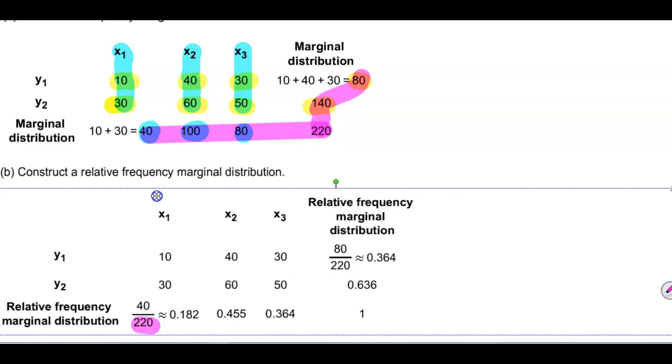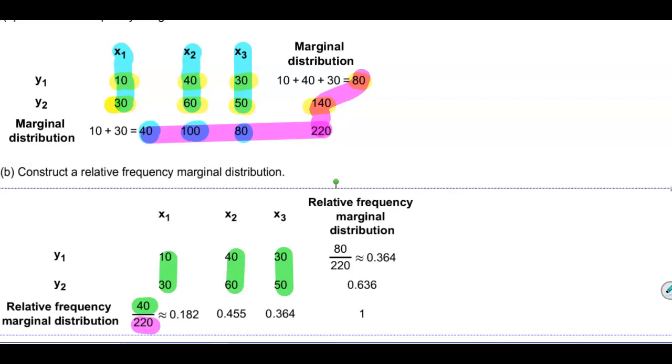So 10 plus 30 gives us 40, and 40 divided by 220 is approximately 0.182. Then we do the same thing with the next column: 40 plus 60 divided by 220 gives us 0.455. And 30 plus 50 divided by 220 gives us 0.364.